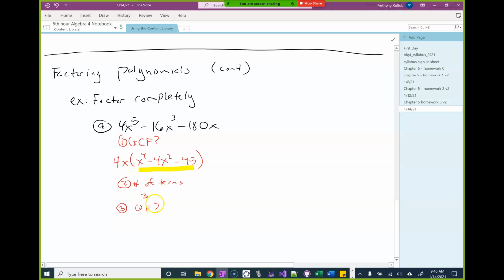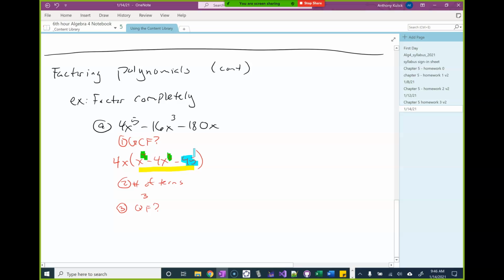Your biggest exponent on the variable has to be twice as big as the other exponent on the variable, which we have, right? 4 is twice as big as 2. And the last piece has to be a constant, which we have. Everybody's okay with what it means to be in the quadratic form? Okay, so that's yes.